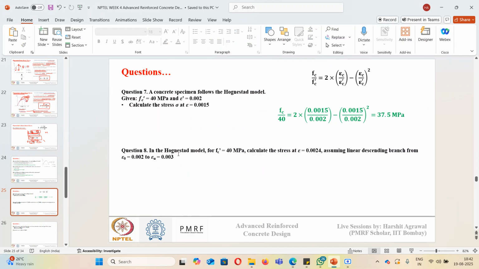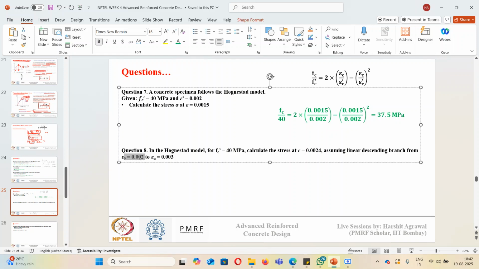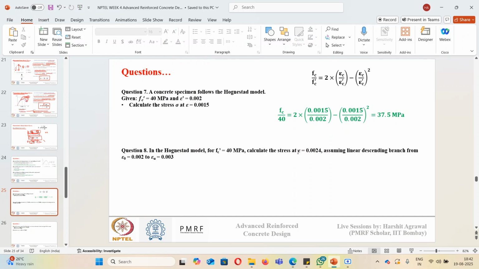So this is the same Hognestad model. Again, for the same concrete, we need to calculate stress at 0.0024, assuming a linear descending branch from 0.002 to 0.003. So you have been given the peak strain, ultimate strain, and the rupture strain, and you need to estimate the stress at a strain value of 0.0024 in between these two. It is given that you can assume a linear descending branch.